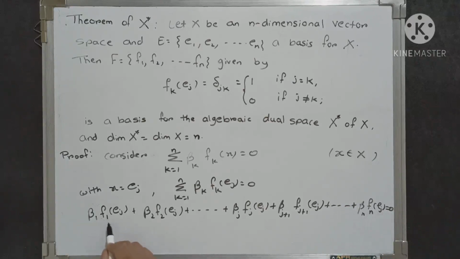Now F1 of Ej is nothing but delta 1j, which equals 0, so we get beta 1 into 0.